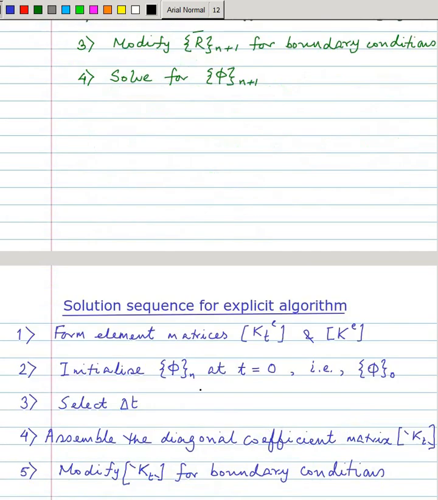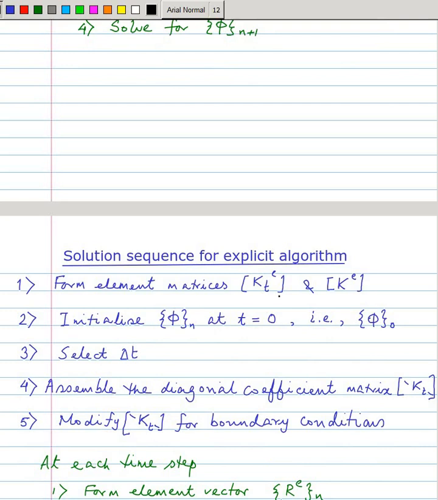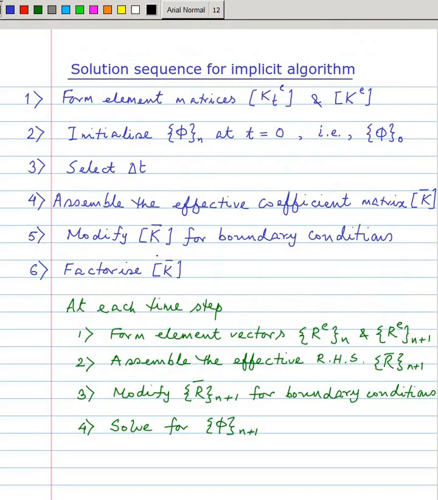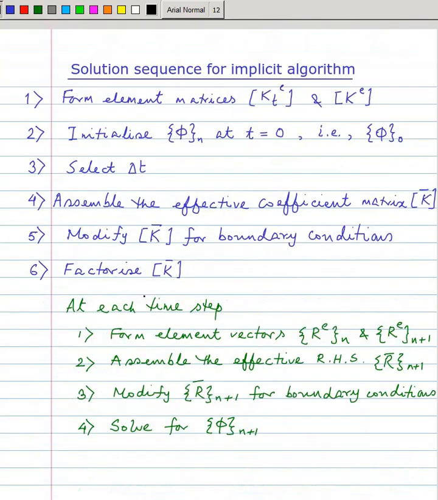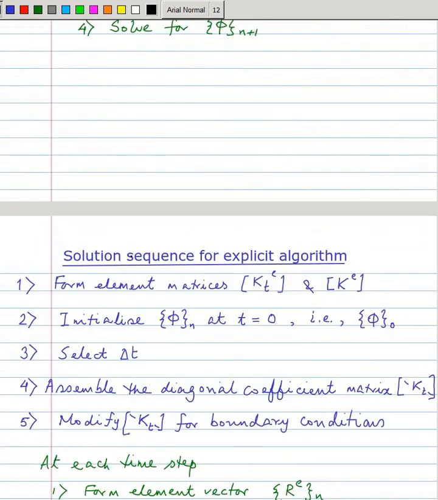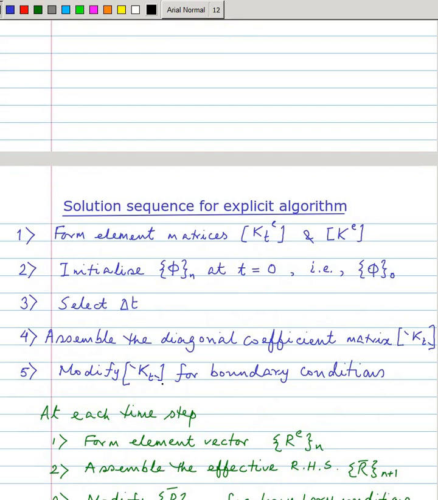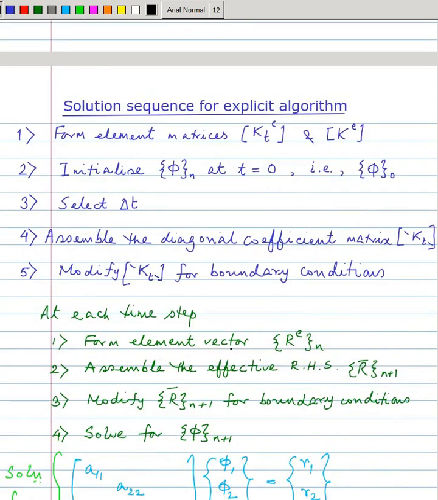especially for problems of large size. And for the explicit algorithm, this is the same, this is the same, this is the same, but here you have to assemble the diagonal coefficient matrix, and the effective right hand side is nothing but K_T here, because if you put theta equal to 0 for the forward difference scheme, which is an explicit scheme, then this part is not required, only this is required. So you need only to assemble K_T, and you have to modify K_T for boundary conditions.